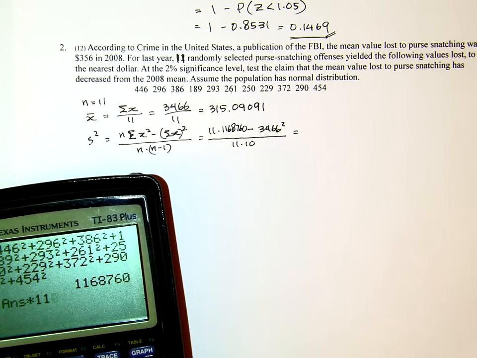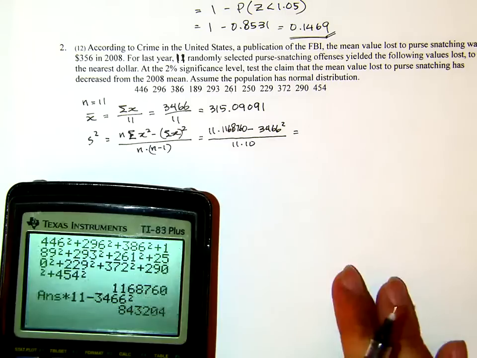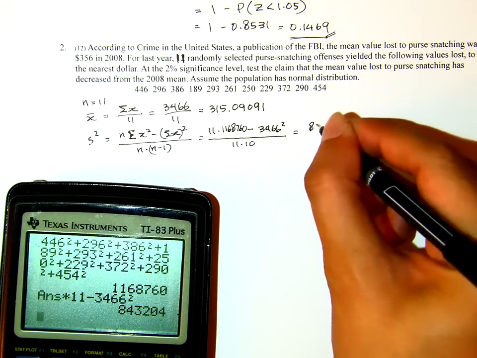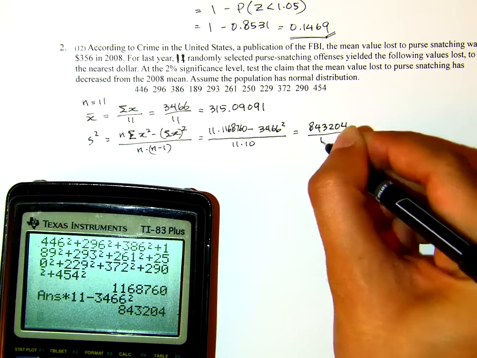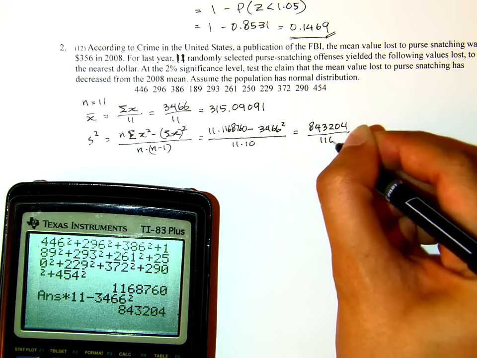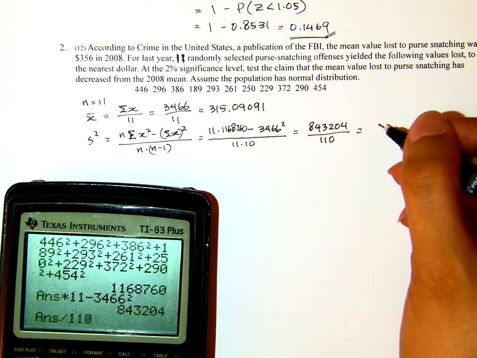Okay, now let's compute that. Times 11 minus 3466 squared, I get 843,204 over 11 times 10. Now I divide this by 110.